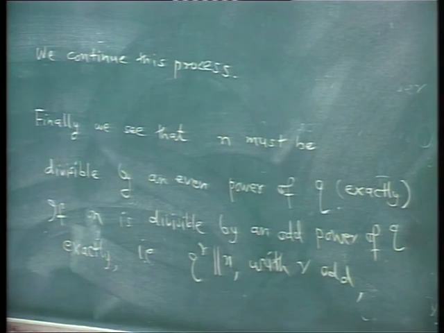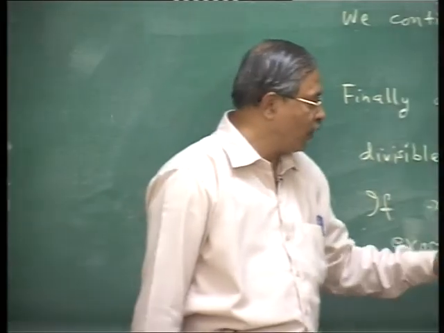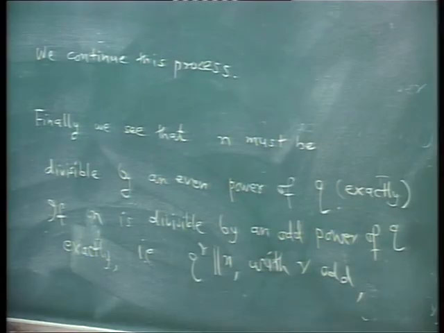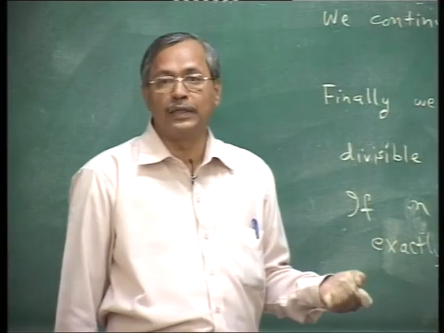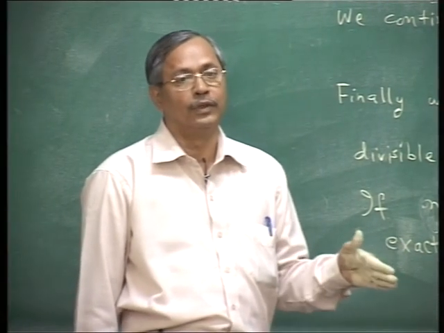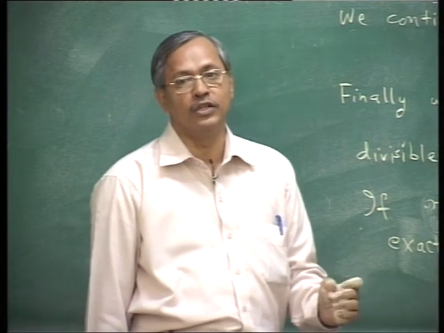Then going down, you get a stage where you get a number which is a sum of two squares. That number is divisible by q but not by q square, because every time you are getting new numbers where the power of q is decreasing by 2.